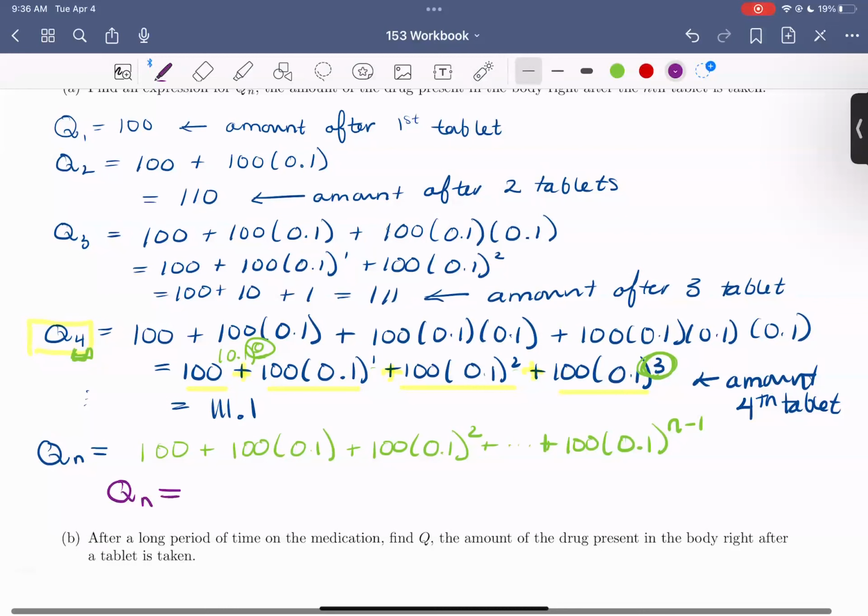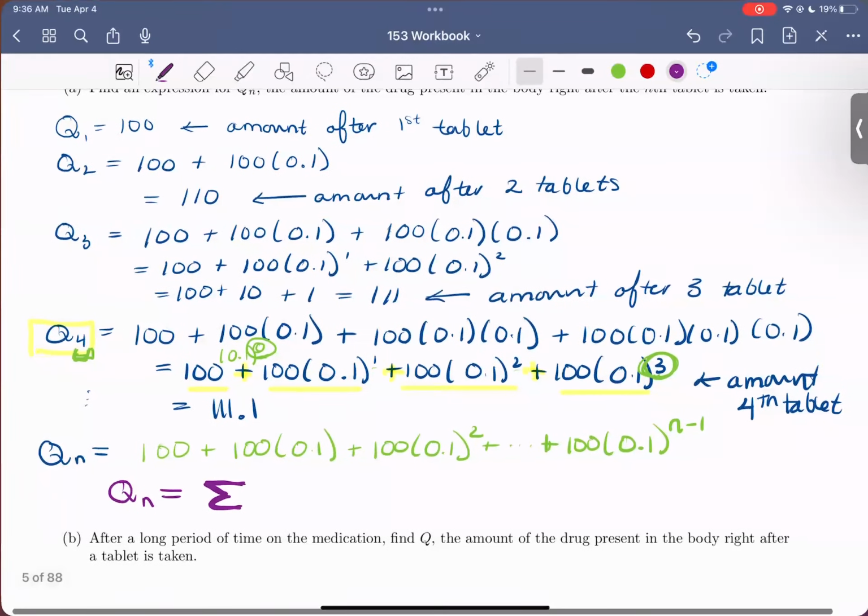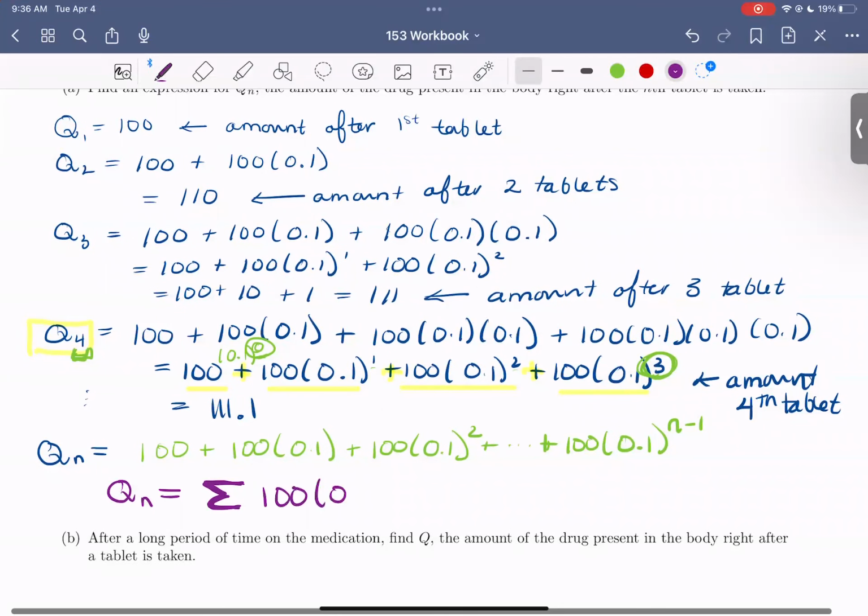We can write Q sub n with a sigma. This symbol is the Greek letter sigma that stands for, in mathematics, taking a sum. Next to that sigma, we're going to write what the general form of a term looks like. If we notice, a general form of a term looks like 100 times 0.1 to some power, and I'll call that power k. But now k will change for each term in our sum.